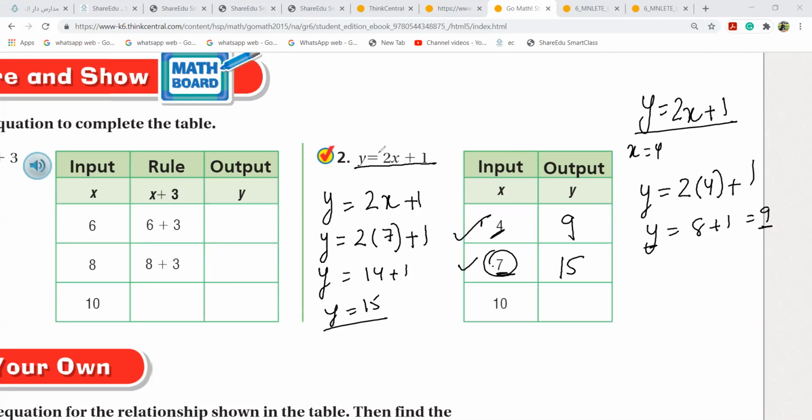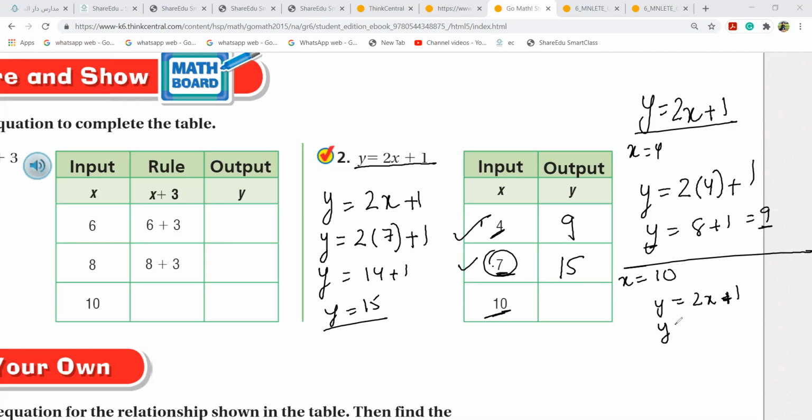Do the last one with me, Malak. Okay, Miss. What is the last one? What do they give you? They give you x equals what? X equals 10. Yes. Let us write the question. Y equals 2x plus 1. Copy everything exactly the same.